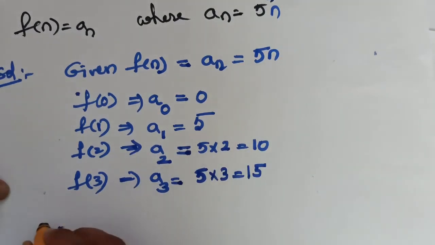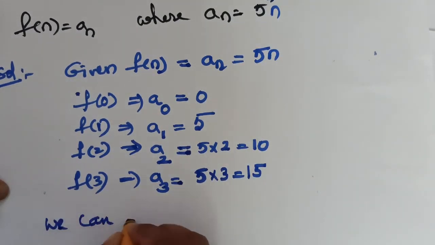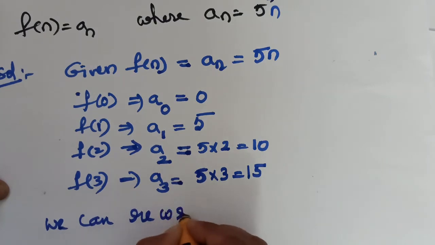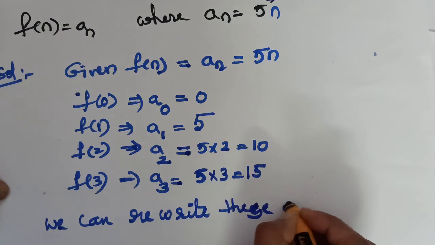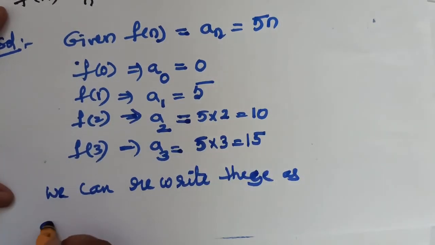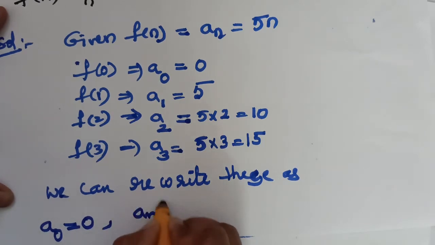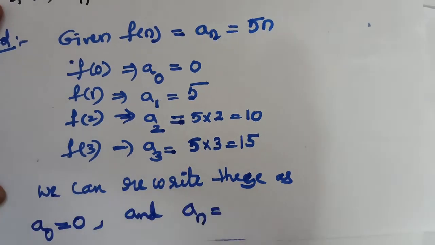Okay, we can rewrite these as a0, the initial condition, a0 is 0, and an, how can we write this?